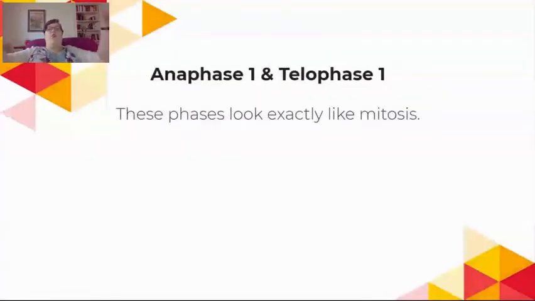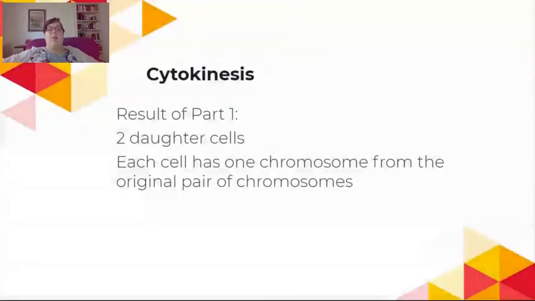So those 2 identical chromosomes separate, new nuclei form around them. This bit looks exactly like mitosis. And just like in mitosis, the cells are now going to split apart in cytokinesis. So far, we've done half of meiosis. We've made 2 daughter cells, and each cell has 1 chromosome from the original pair of identical chromosomes.